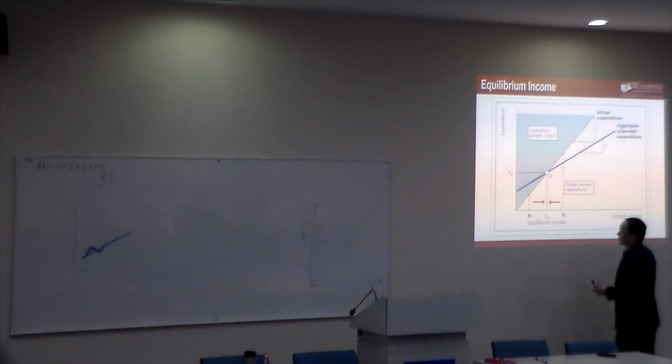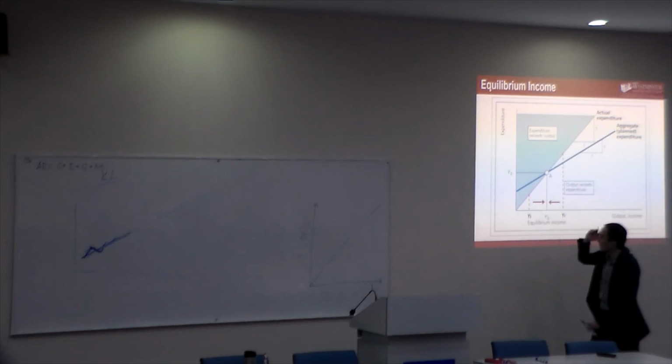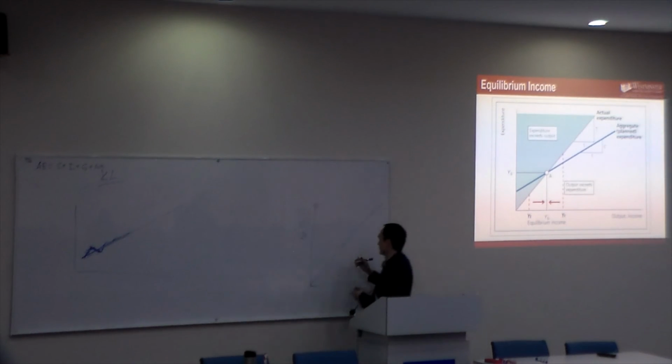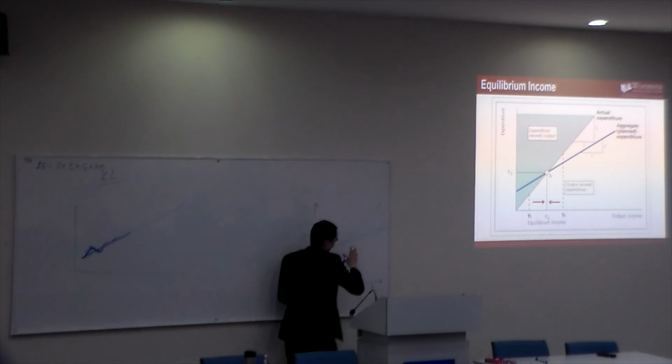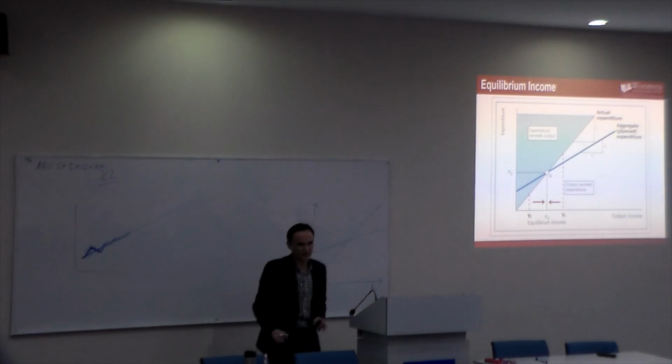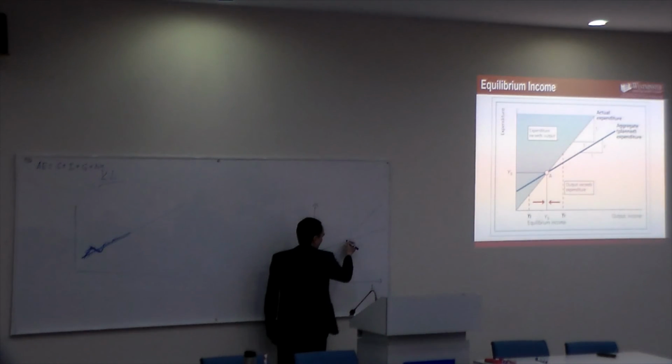So now, if we plot that aggregate expenditure curve with actual income expenditure, then we will get this Keynesian cross, yes? And we know this is the equilibrium point in the economy.